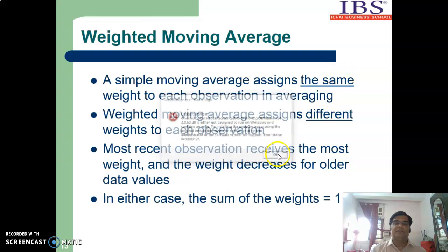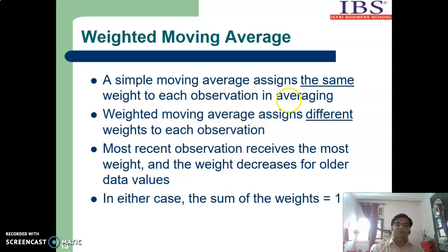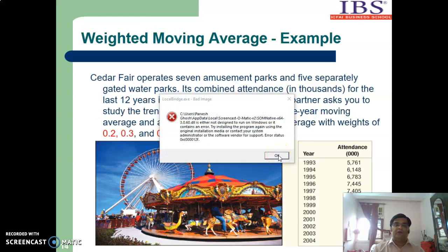It is a simple moving average first of all. A simple moving average takes the same weight, but in a weighted moving average we take different weights. For the most recent month we put the highest weight, and for the next month we put lesser weight. So let us take a data and understand this.